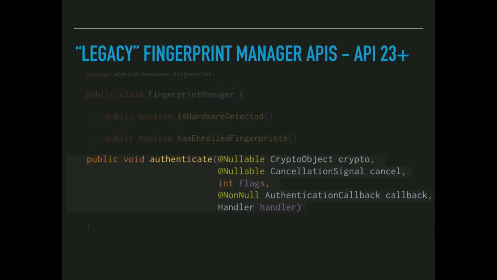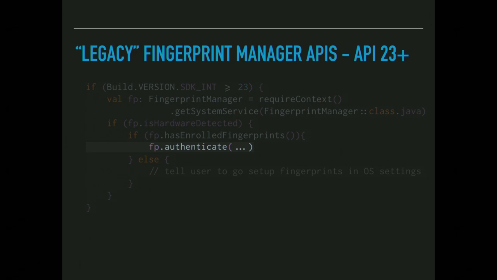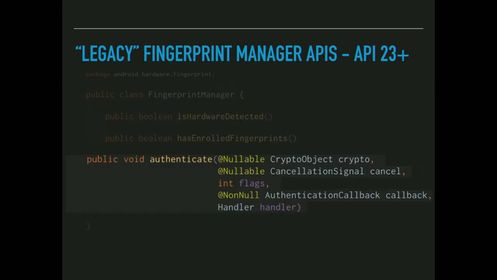In the case where they do have the fingerprints, this is where the real meat of the API happens, and it's this authenticate method. So when they do have it, you're going to call authenticate, and what this does is it turns on the fingerprint sensor. It doesn't show any sort of UI.